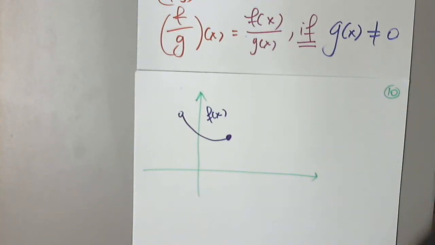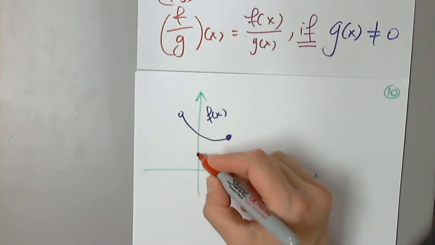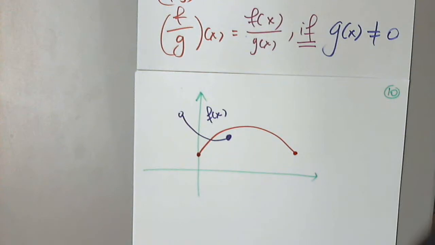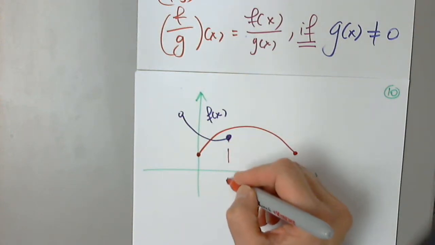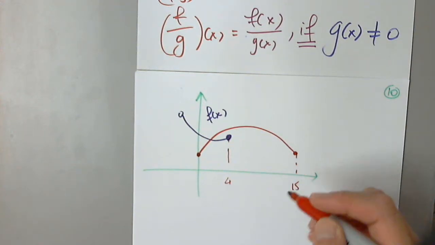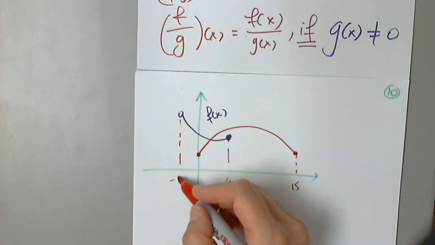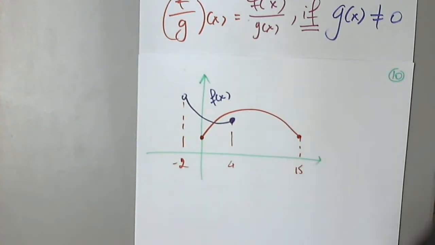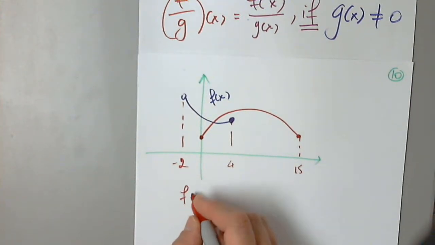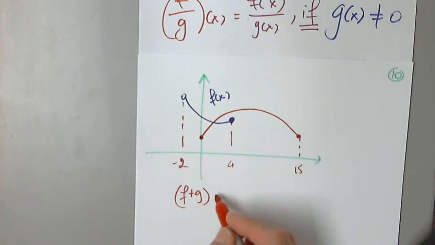And here's function g of x. I'm going to put some numbers here. Let's say 4. Let's say 15. Let's say -2. And I'm going to ask you to find f plus g at 10.